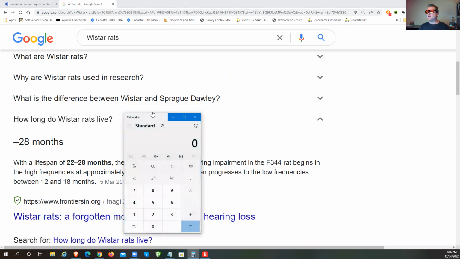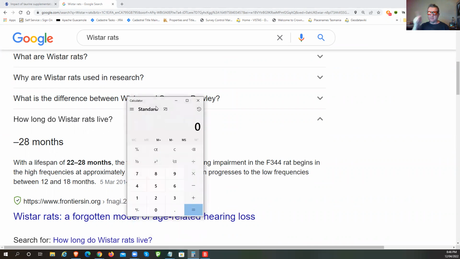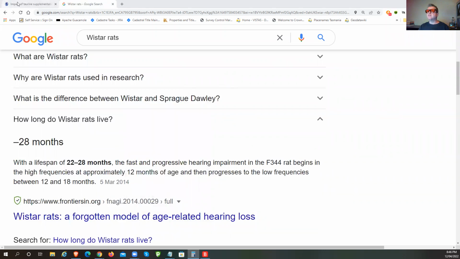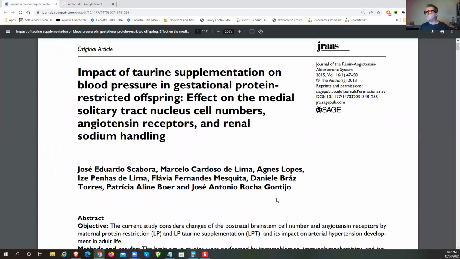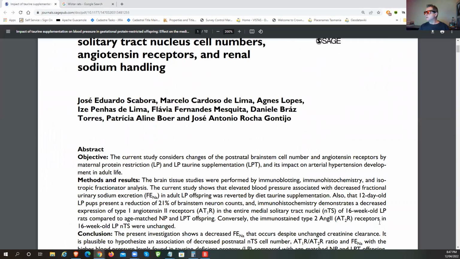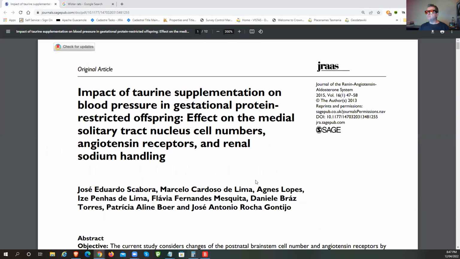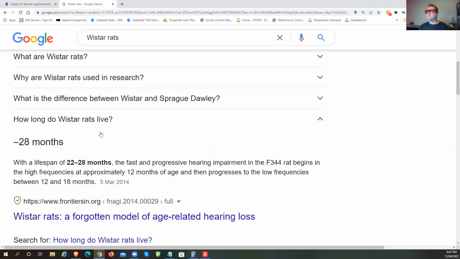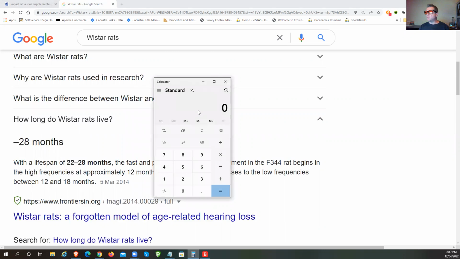Now, this study is looking at 12-day-old pups. So just so we can have a bit of a perspective on what we're talking about, 12 days.